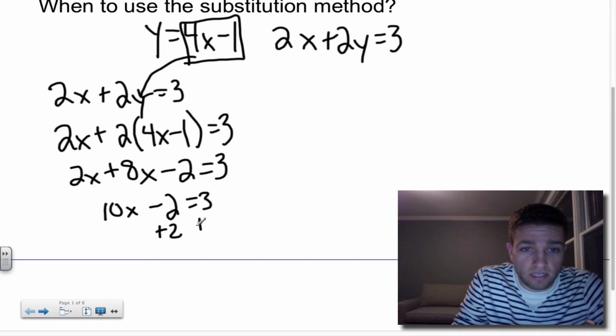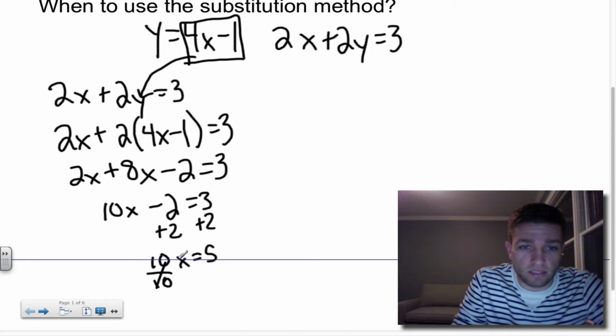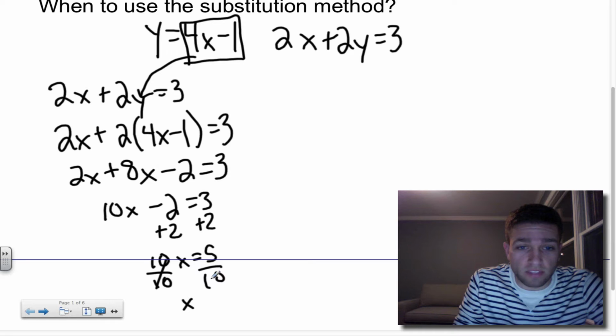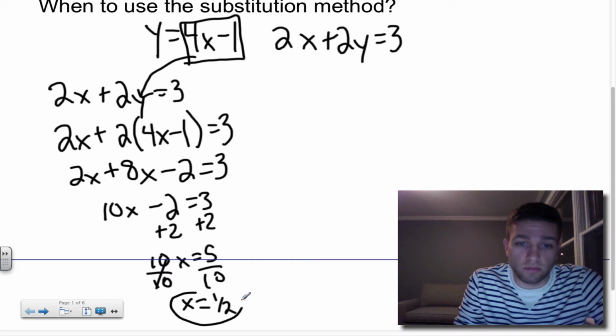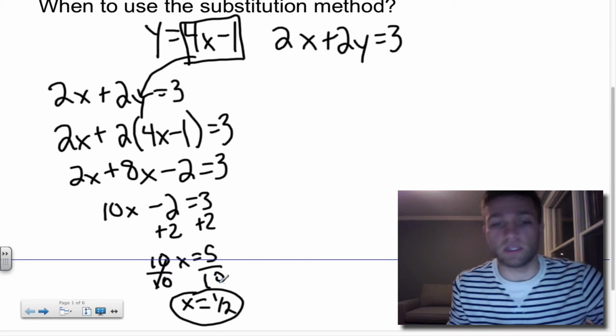Add 2 to both sides. 10x equals 5. And then I'm going to divide by 10. So I've got x equals 5 over 10, which is really just a half. Some of you might have a decimal 0.5. That's fine as well. I'm going to leave it as a fraction.